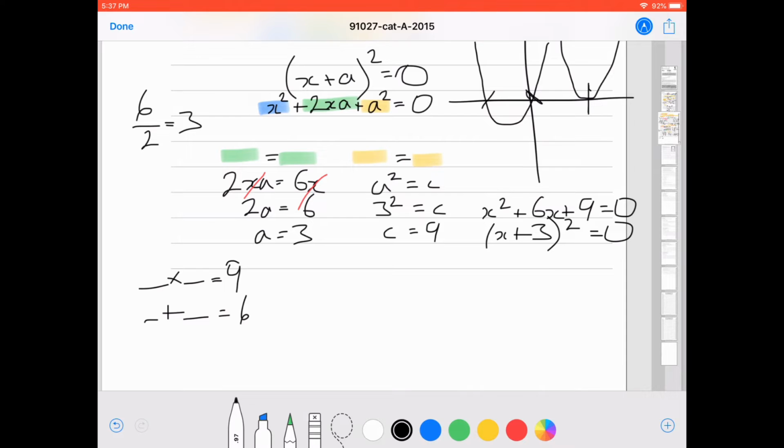The a term in this case is 3. And so if we're looking for the solution to the equation, x plus 3 equals 0, and therefore x equals -3. Okay, so for this question, value of the constant found and the equation solved gets you an excellence grade.